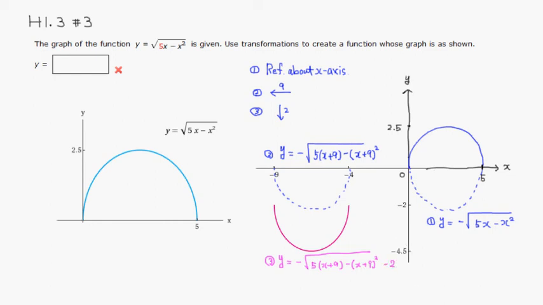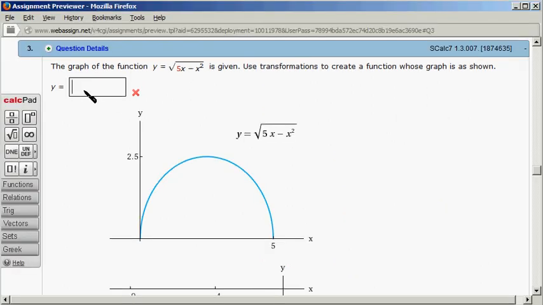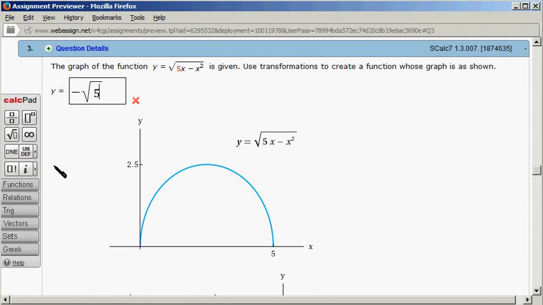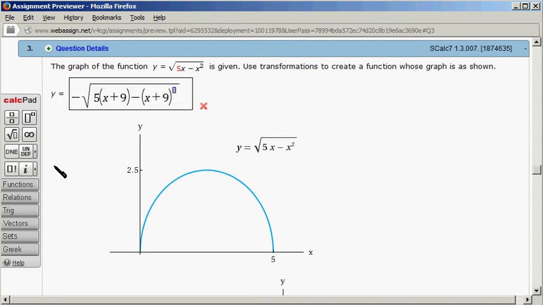Right, so that's that. Let's type it in. The answer we got was a negative square root. So I'm going to click on square root, then you have 5 times quantity x plus 9 minus quantity x plus 9 squared.